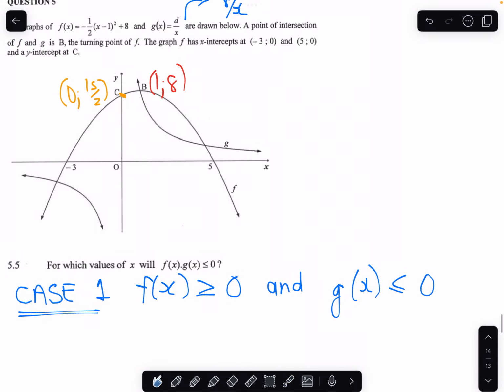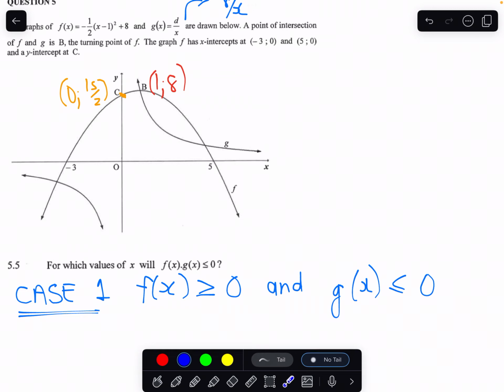Right, so let's look at the behavior. I actually think that the easiest function to use as an anchor is the hyperbola, because it's very clear that here g gives us negative values, and here g gives us positive values only. So I think this is actually a blessing. It's just very clear to me.